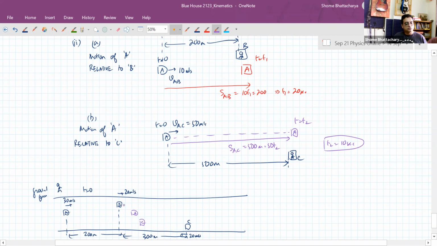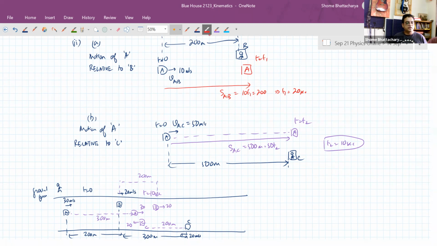And B would be 200 meters beyond. So B would be somewhere here. So this would be the situation at 10 seconds. C would have traveled 200 meters, A would have traveled 300 meters, and B would have traveled 200 meters like this.